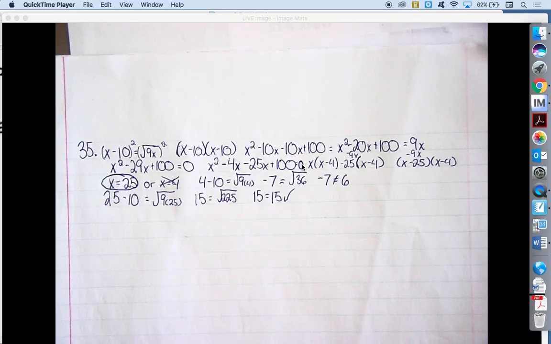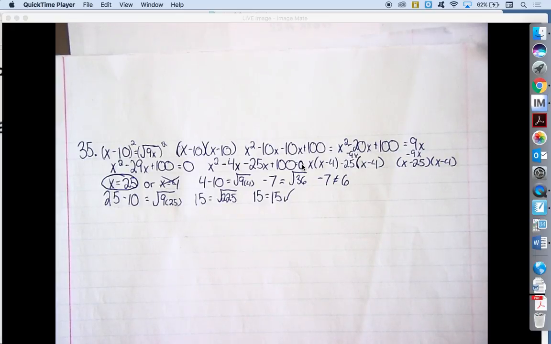So you split in half, and then you get x times x minus 4. Then take out negative 25 times x minus 4. So then your answers are x equals 25 or x equals 4. Plug 4 into the equation. 4 minus 10 equals the square root of 9 times 4.